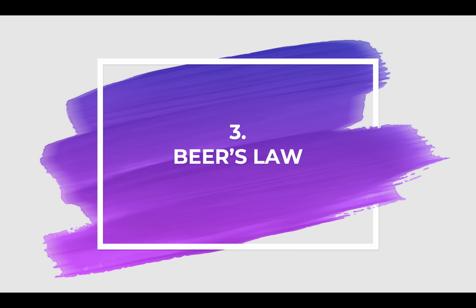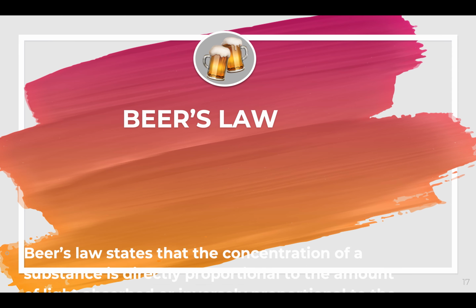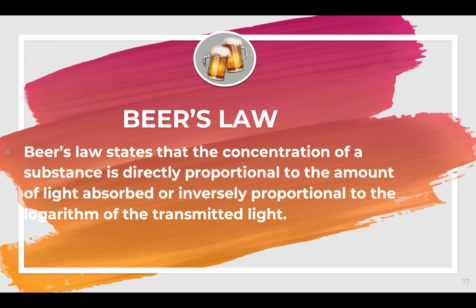So before I move on, let us again review your Beer's law. Okay? Yes, your Beer's law. Your Beer's law states that the concentration of a substance is directly proportional to the light absorbed or inversely proportional to the logarithm of the transmitted light. Again, what we want to measure is the concentration of your analyte, and you're only able to do that by measuring the absorbance.